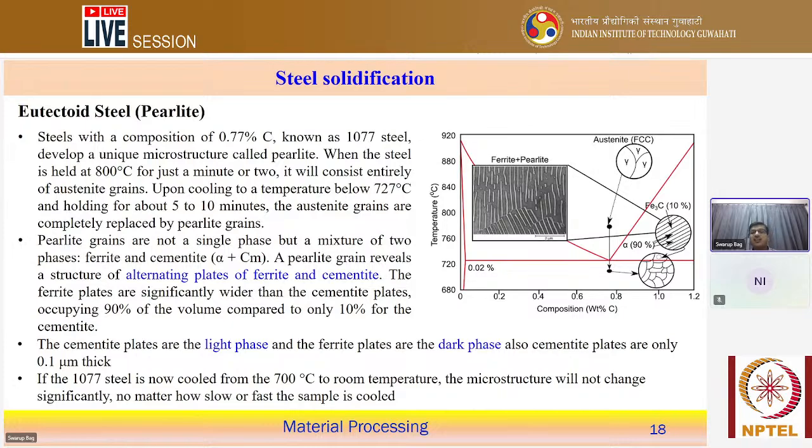But we can say pearlite only at exactly the carbon percentage of 0.778%. In this reaction, one solid phase decomposes into two different solid phases.